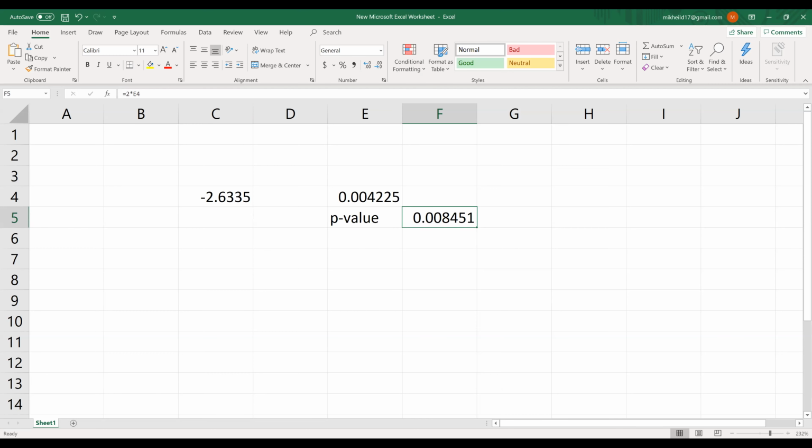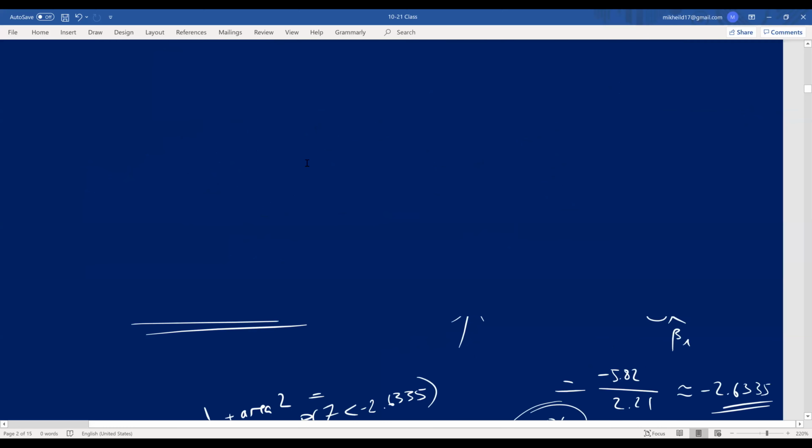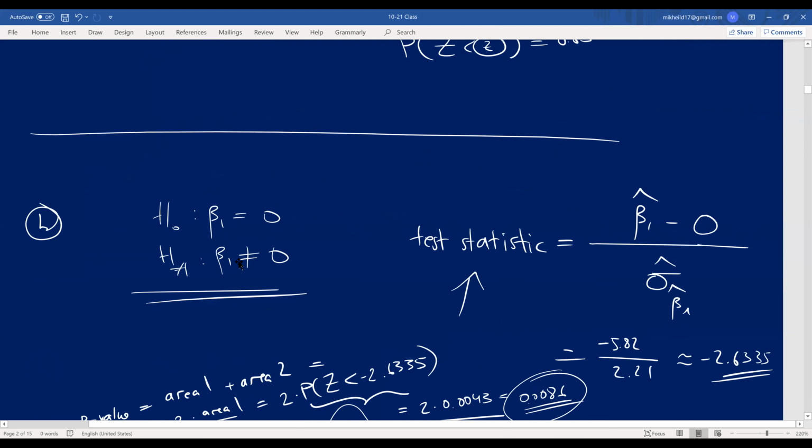Professor, how do you know it's a two-sided test? Very good. You know that from the hypothesis. What is your hypothesis? In the alternative you have beta 1 not equal to 0, and that means that you have a two-sided test. If you had, let's say, beta 1 less than 0, it would be a left-sided, one-sided test.